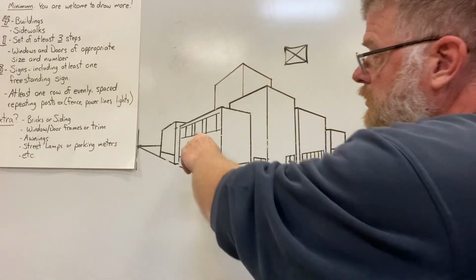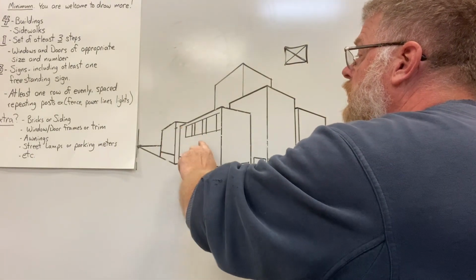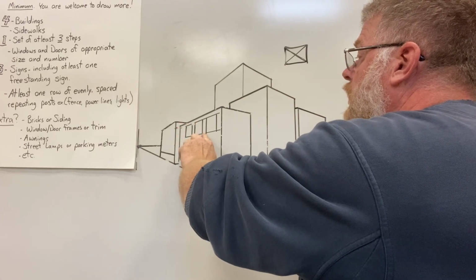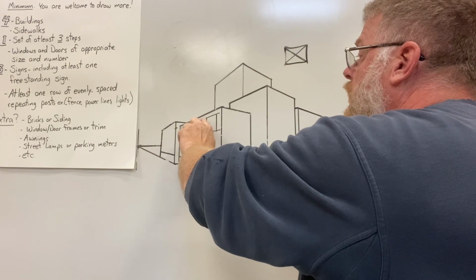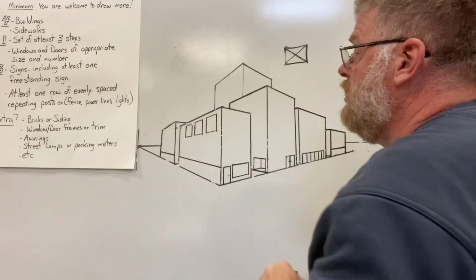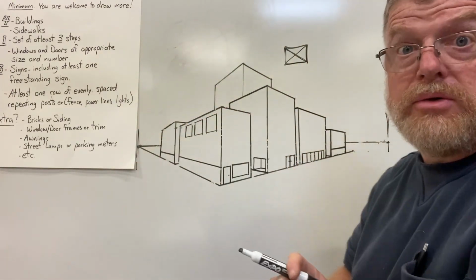Okay. And so those are all on the same line. And you could keep those lines there. Sometimes you'll notice that on buildings, the height of the windows is all the same color or something, okay?